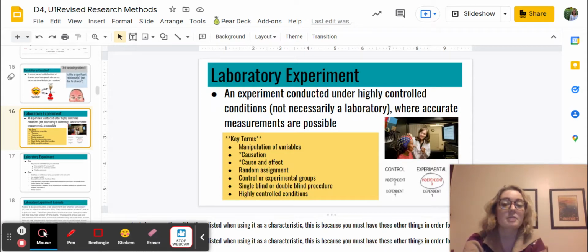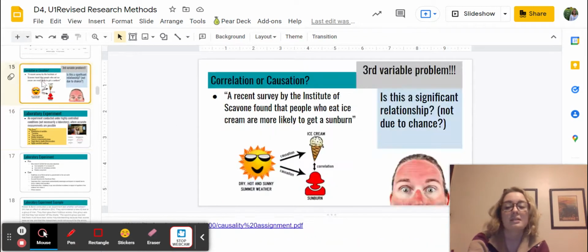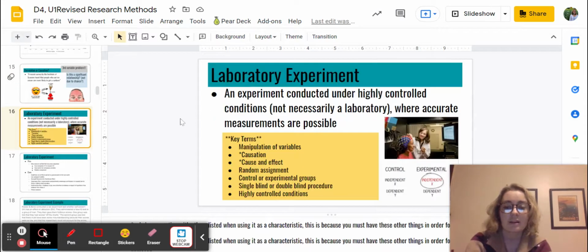It's an experiment in which you have highly controlled conditions where accurate measurements are possible. So you can make sure that there isn't some third variable of the sun that is messing up your results and making it look like one thing's causing something when it's not. Because you can control and make sure that there's no other variables that are going to interfere here.